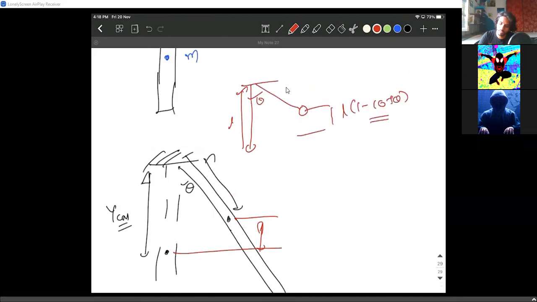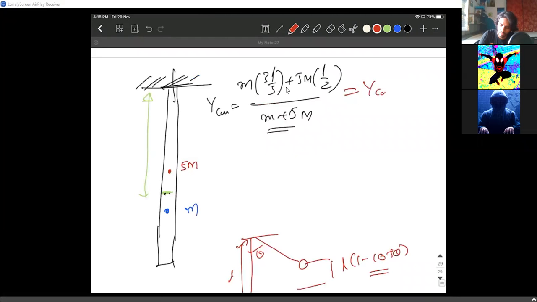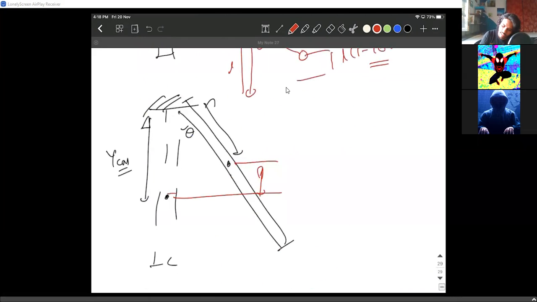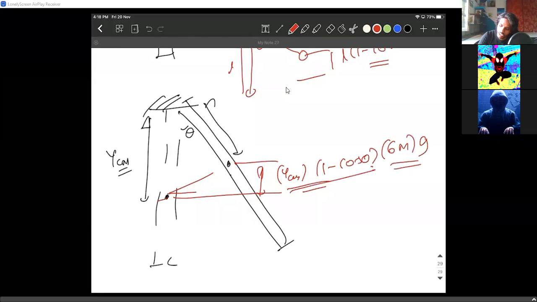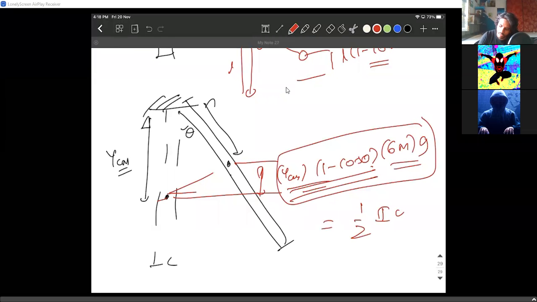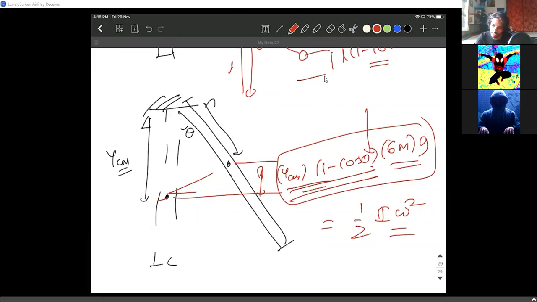Now we found this YCM, so that YCM has raised to a height of YCM into 1 minus cos theta. This is the height raised, into the total mass, 6mgh. You have 6mgh equals half I omega square. Guys, do you get it now? From this, can you find the angle?